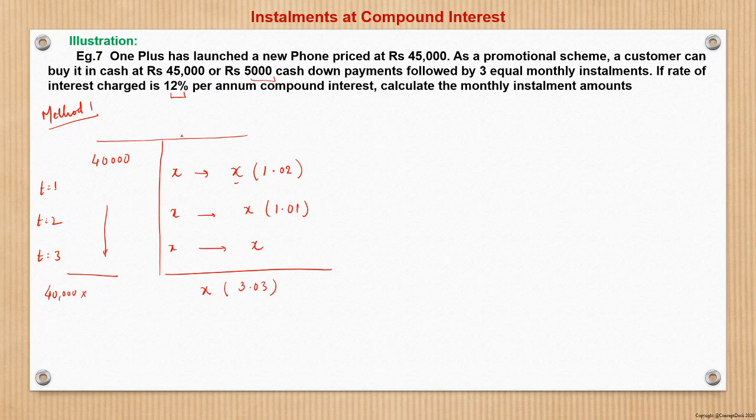It is 1% per month, so for 3 months it becomes 1.03 times. Sorry, here also I have done a mistake.